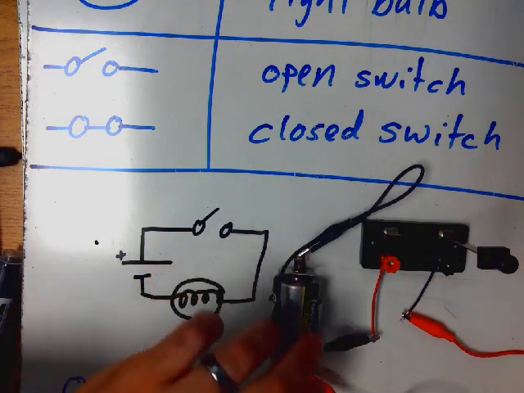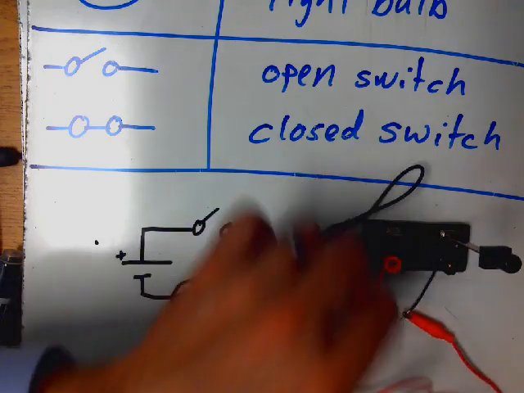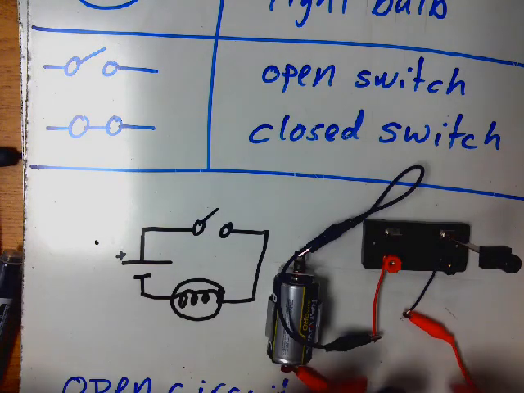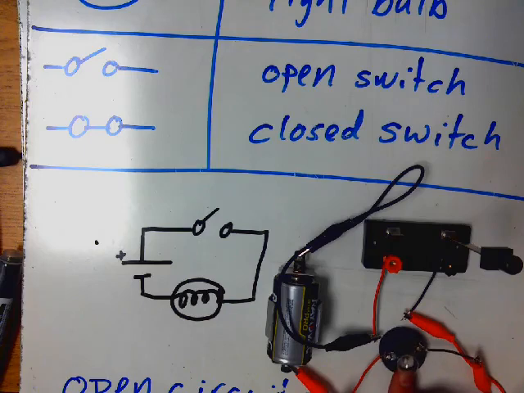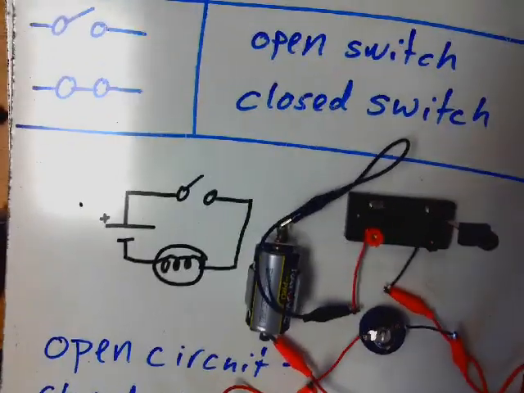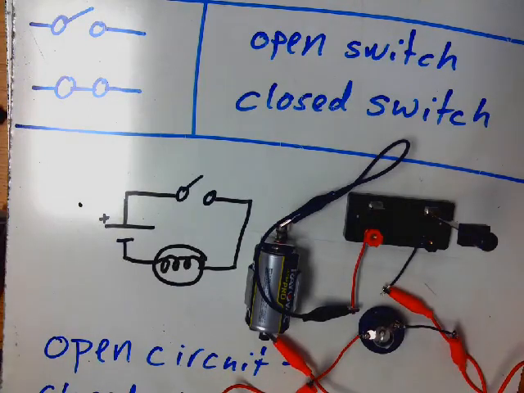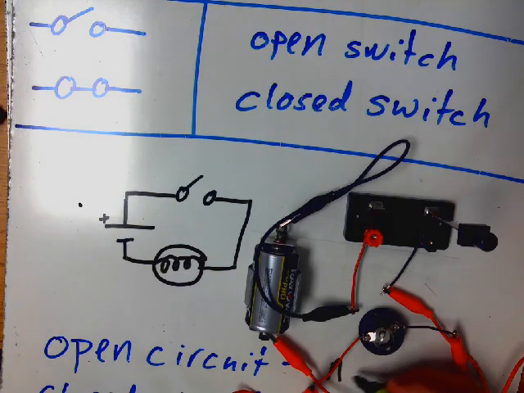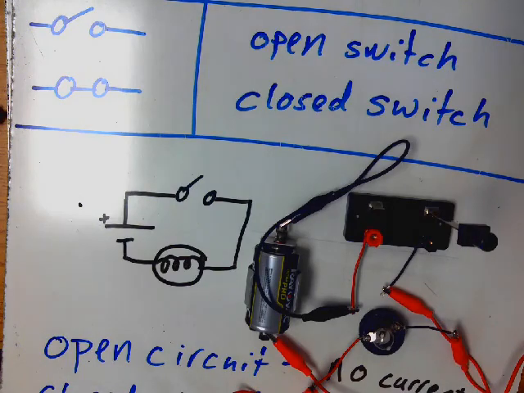Let me fix that. So now my circuit right now is open. Now when there's an open circuit, my light bulb's not lit up because an open circuit has no current. There's no current flowing through an open circuit.